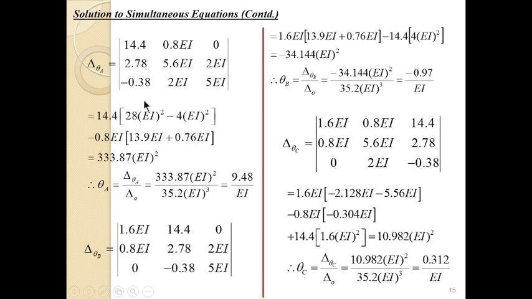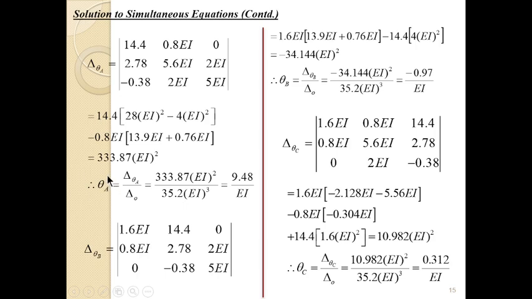So this is what is done here. The whole of what was here has been replaced by that column. So if you do that, you go to the determinant process again. Find the determinant, and the determinant in this case gave us 333.87. And so you will note EI squared, you will note and keep.